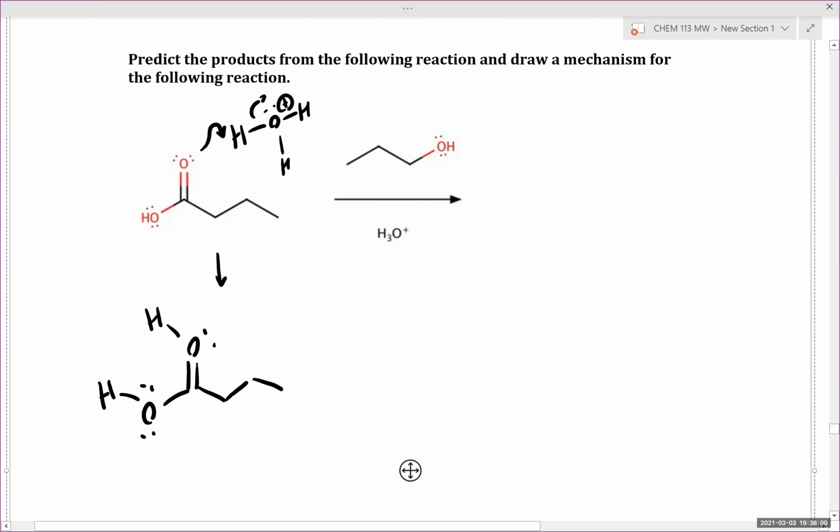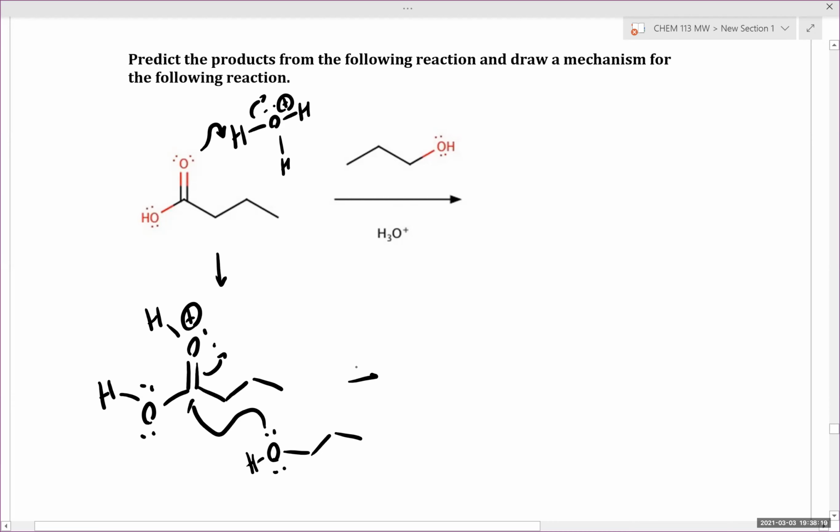Would anyone like to draw the next step or describe the next step for this mechanism? Yep, our alcohol is going to attack our carbonyl carbon. Yep, exactly right.